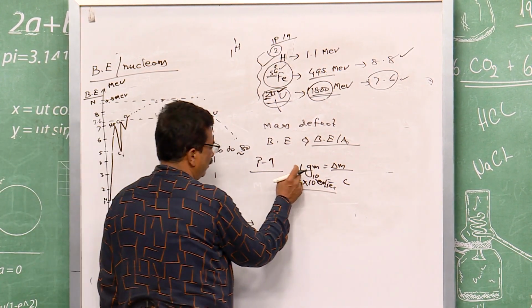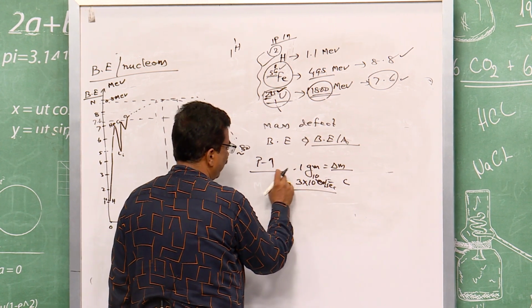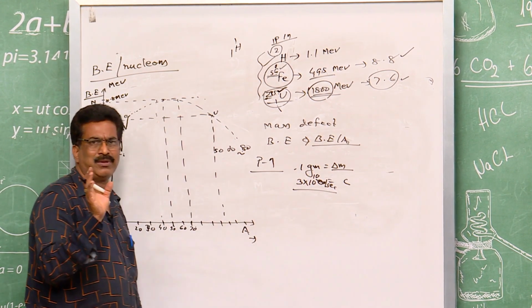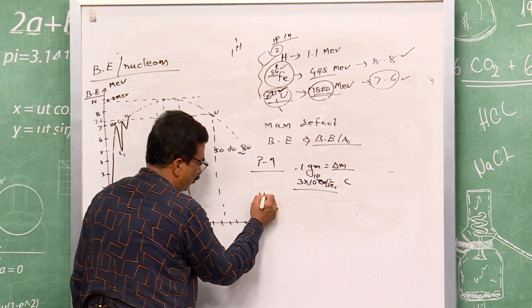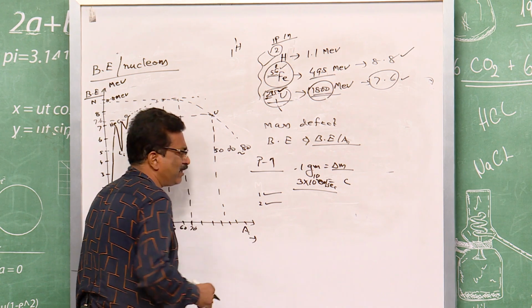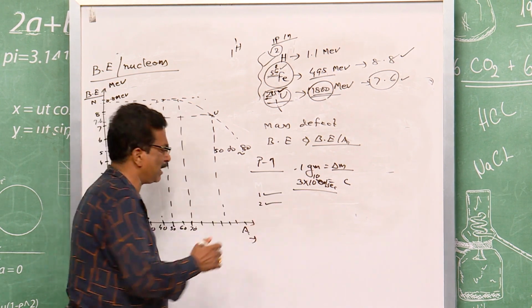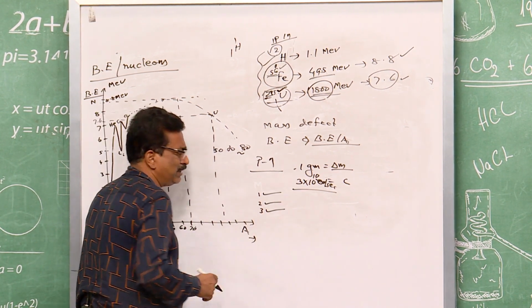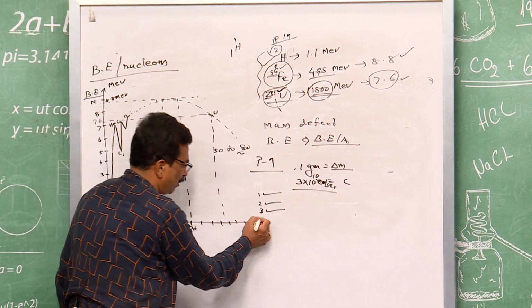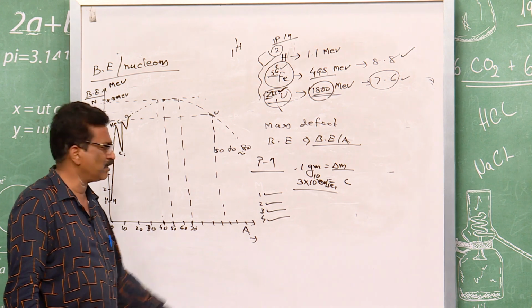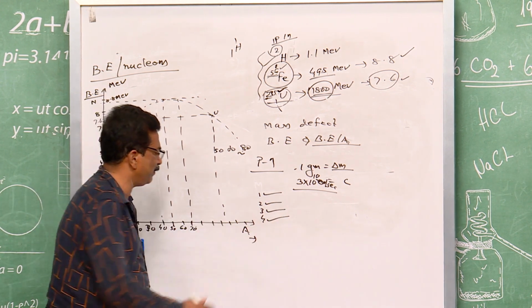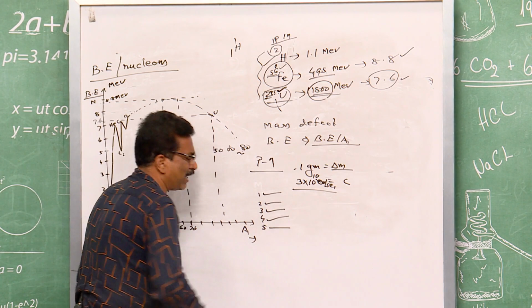I told you that if problems are there, then there will be 5 steps, and you know very well what those 5 steps are. The first step is to go through the question, the second is to write the data, the third is to identify what is being asked, the fourth is to check whether they are in the same unit, and the fifth is to put the formula and get the answer.